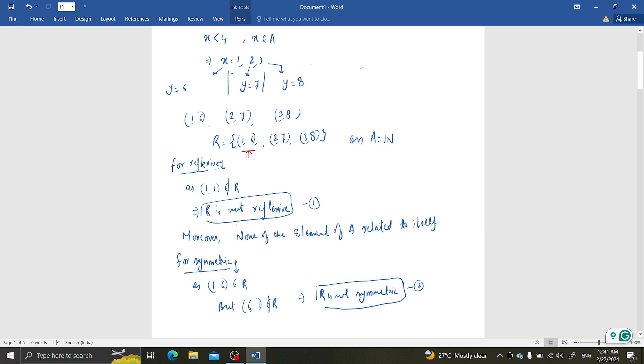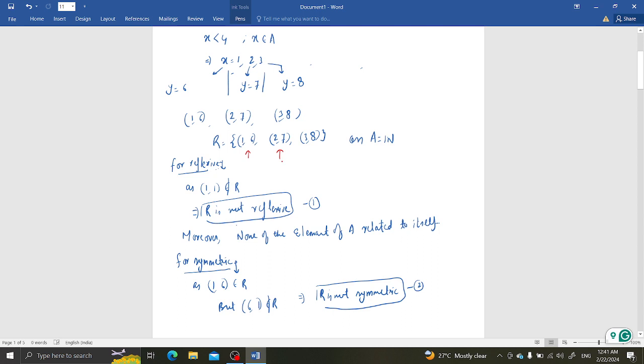For failure of transitivity, if we had some other element starting with 6 and ending with another element, then we would need to check. Suppose (6, c) is there, then we need to check whether (1, c) is there or not. But here (6, c) is not there, so we need not check. Hence we say that (1, 6) satisfies the transitive property.